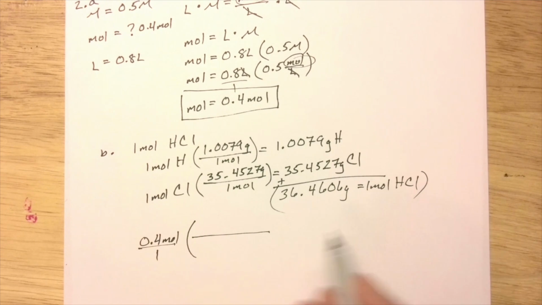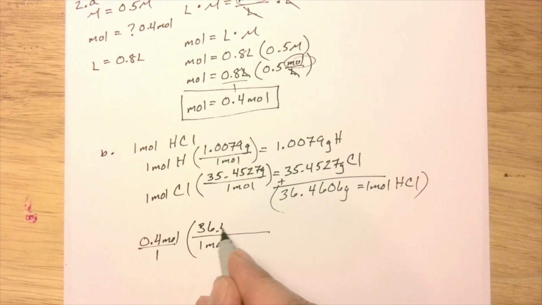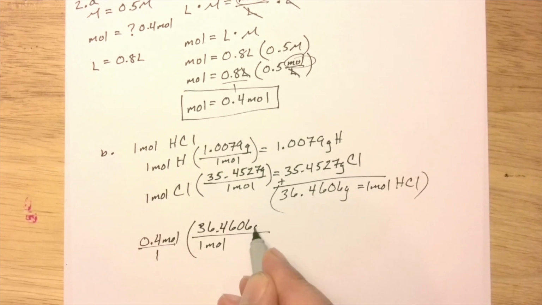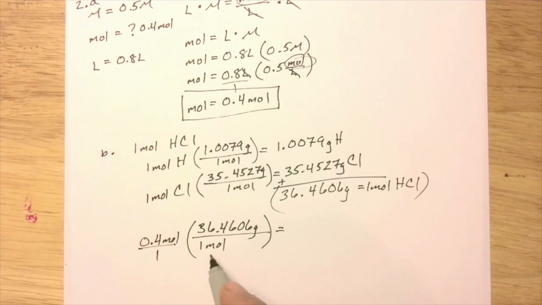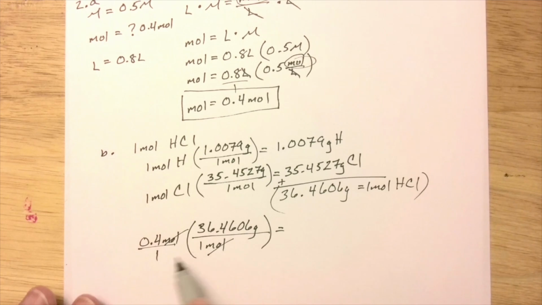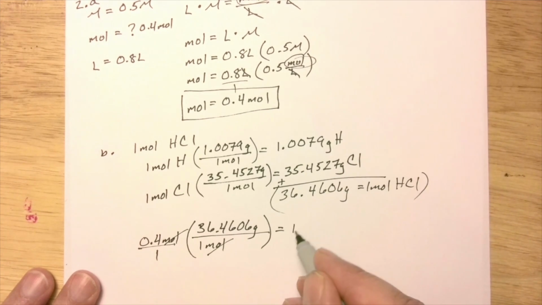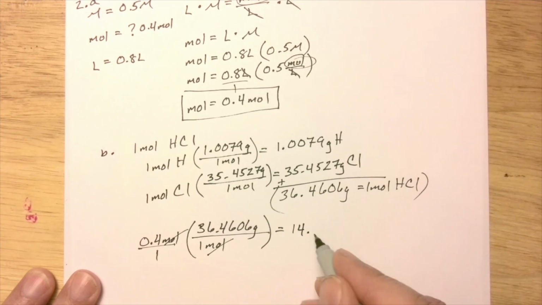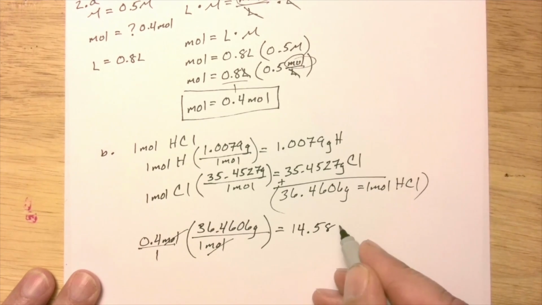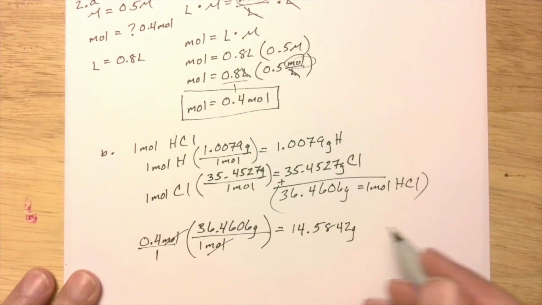So I'm going to put 1 mole of hydrochloric on the bottom, and I'm going to put the mass on top, 36.4606 grams. This way, moles will cancel. And if you take 0.4 times 36.4606, you're getting 14.5842 grams.